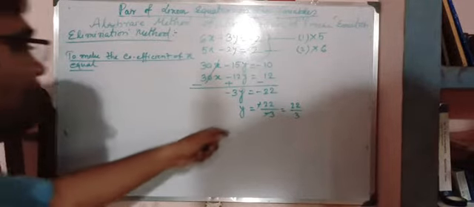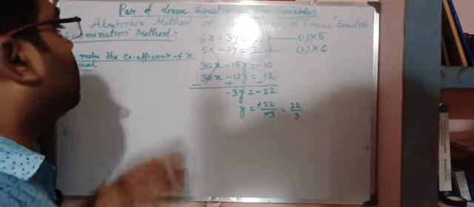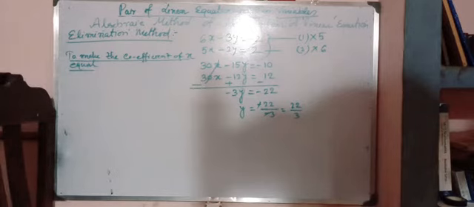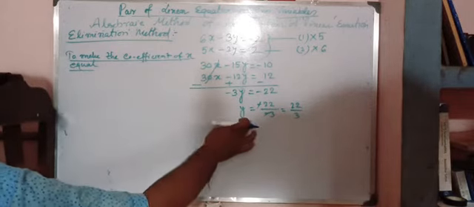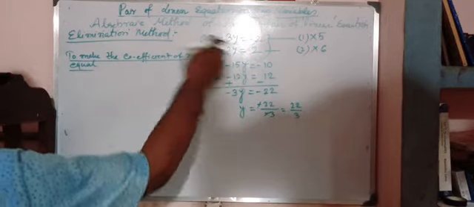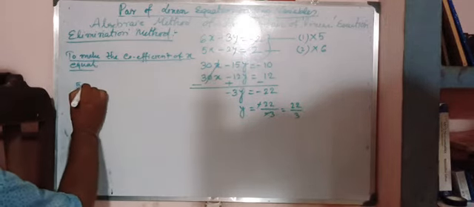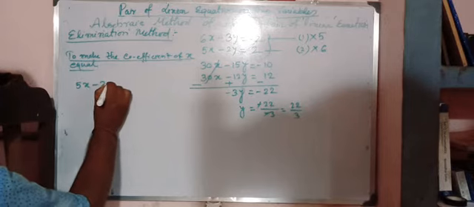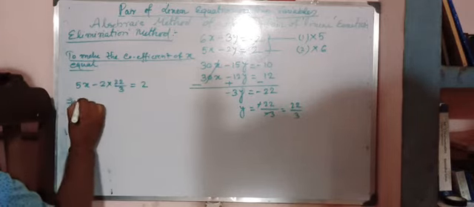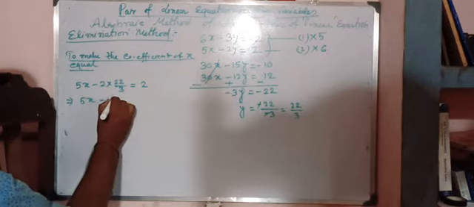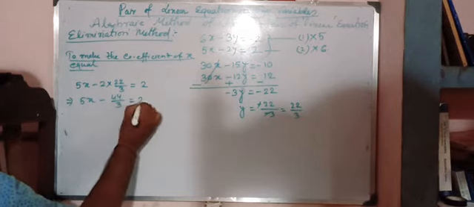Again, by substituting the value of y in any of the equations, we will get the value of x. Putting this value of y in equation number 2, we get 5x minus 2 into 22 by 3 equal to 2. That means 5x minus 44 by 3 equal to 2.